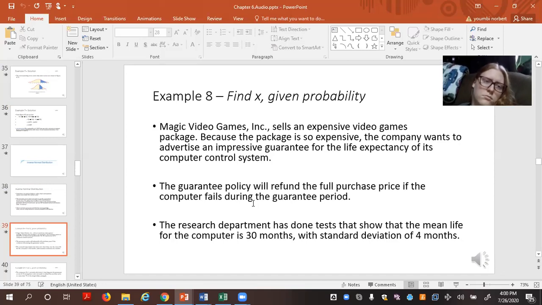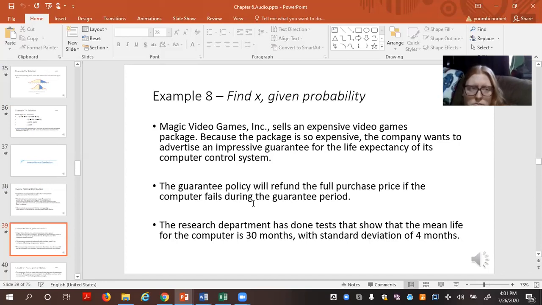So let's start with area to the left of Z is 0.05. What is Z? Suppose we are looking for that. So now you go to your calculator and you go second function, VARS. Now you will go to 3. You see 3, inverse normal. You press 3, inverse normal. When they say area here, they mean area to the left.